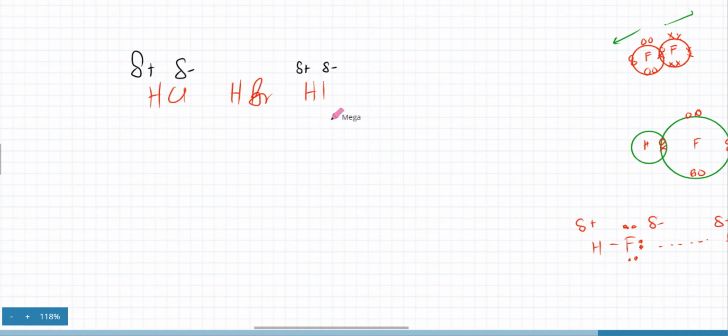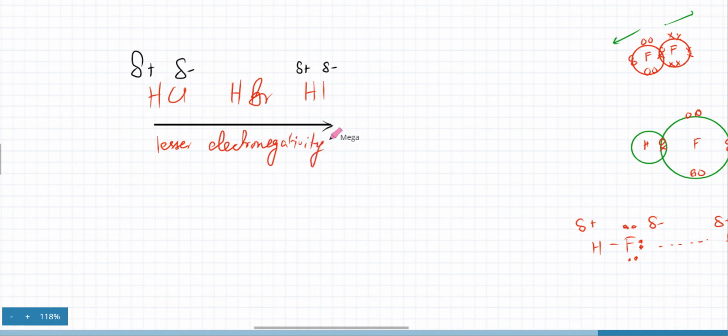Why is that? The reason is that as you move down the group, you get this question a lot, there's going to be lesser electronegativity difference. So you have lesser and lesser electronegativity difference, and because of that, you have weaker dipoles down the group.